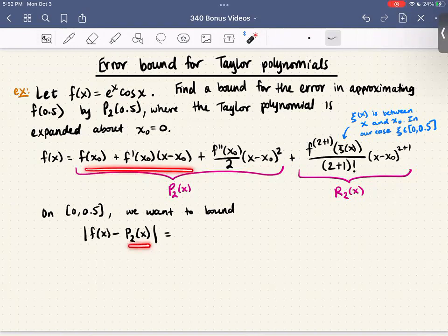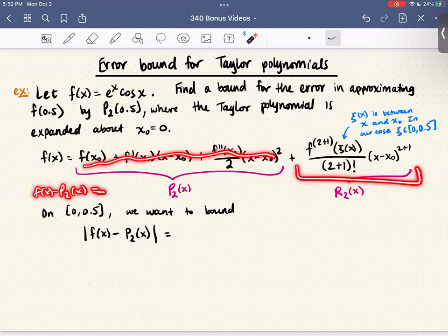Now p2 again is this full expression here, and if I subtract all of this over to the left, on the left I have f of x minus p2 of x, and on the right, this all has been subtracted over, I'm just left with r2.